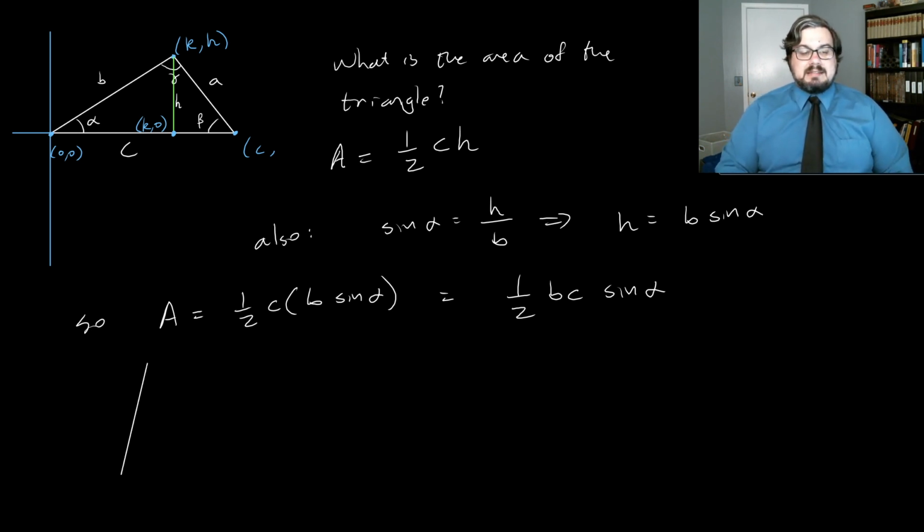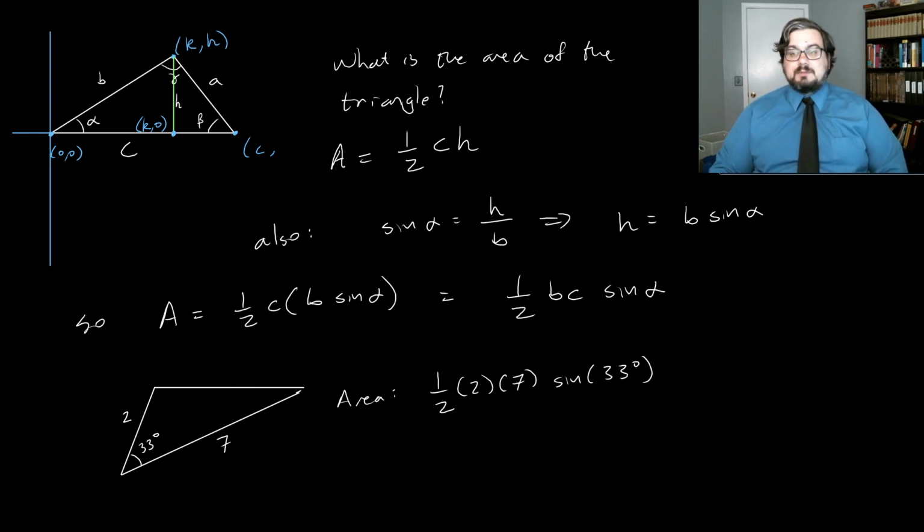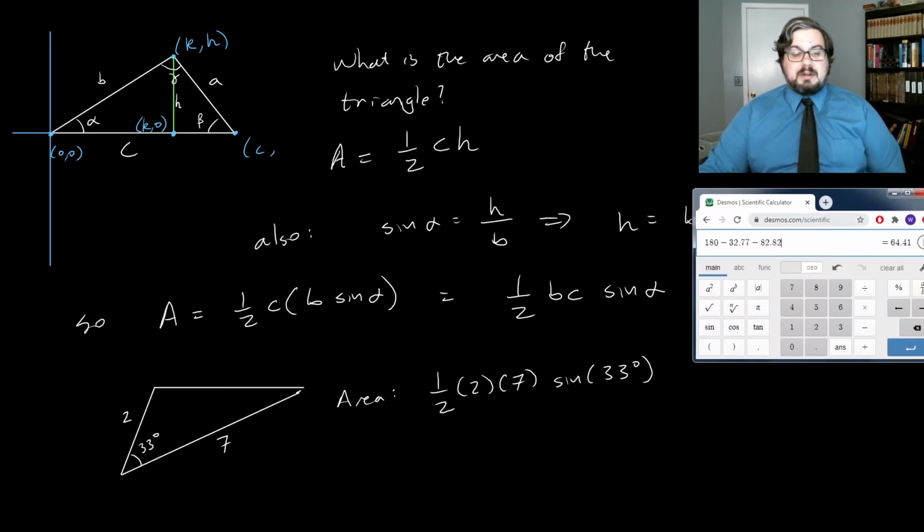This turns out to be, as I said, quite useful, because if we want to find the area of any triangle at all, and let's say we know that this side has length 2, this side has length 7, and there's a 33-degree angle inside, the area of this triangle is simply 1/2 times 2 times 7 times sine of 33 degrees, which is a much more convenient way of solving it than trying to work out directly what the heights of this triangle or anything are.